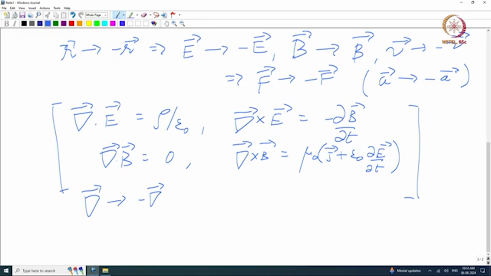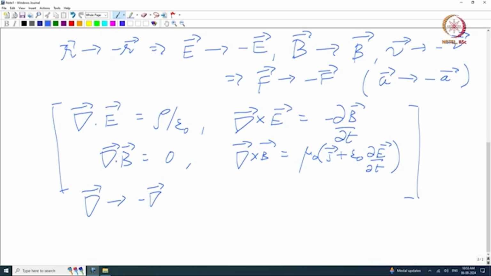The first one is preserved, the first equation of motion. In the next one, again on the left hand side both terms flip sign, the magnetic field doesn't flip sign, right? Time also doesn't flip sign. We just flipped the spatial coordinates, we have not done anything to time. So the right hand side sign is preserved.